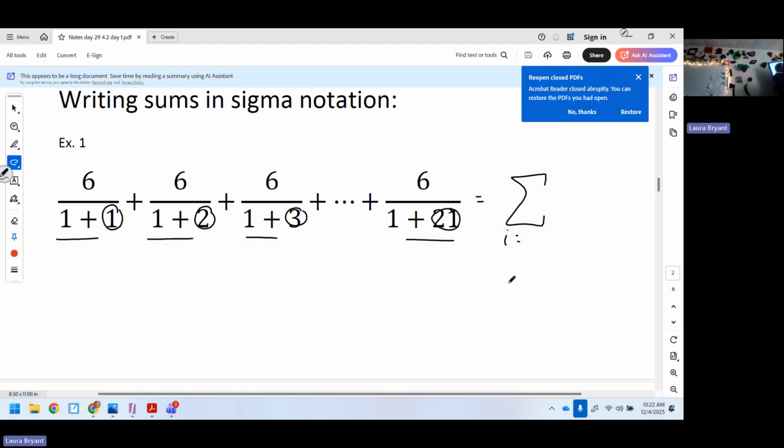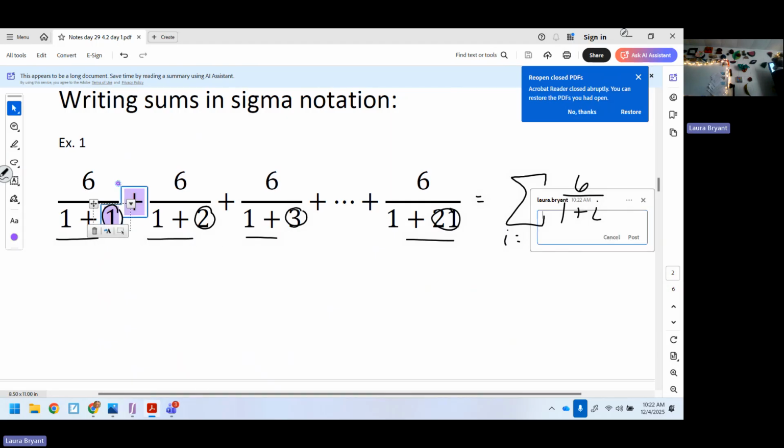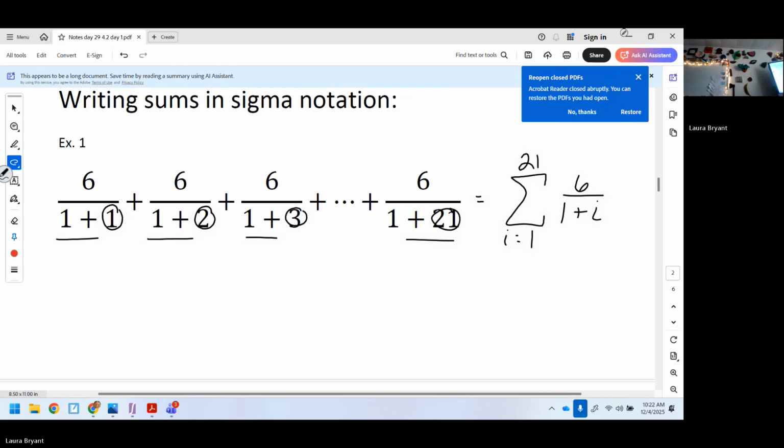The spot that changes is where your I is going to go. So my formula is going to be 6 over 1 plus I. And then my lower index needs to be the smallest number that you start with, so I equals 1, to the biggest number, which would be 21. And that's just like taking a list of things added together and abbreviating it as a summation.